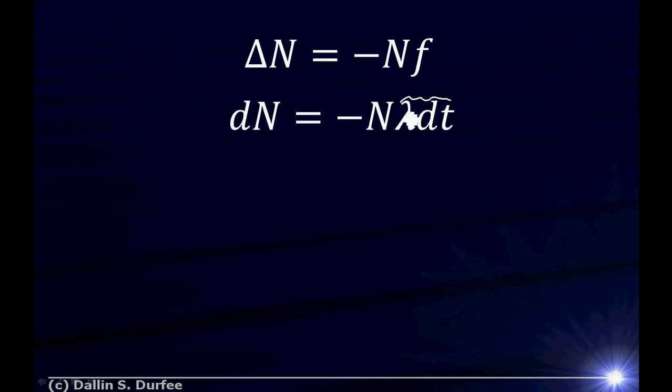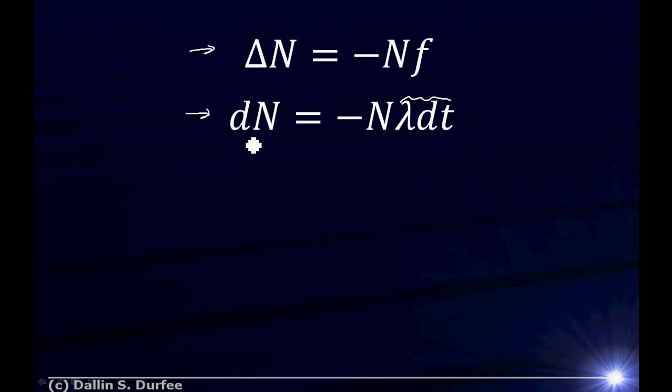Then I'm going to replace delta n with dn, because if my time is really tiny, the number that decays is going to be really tiny as well. And so there you have it. This is a more continuous version of this equation right there. Then I'm going to ask, at what rate do nuclei decay?